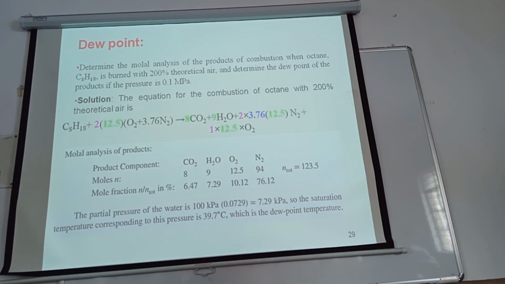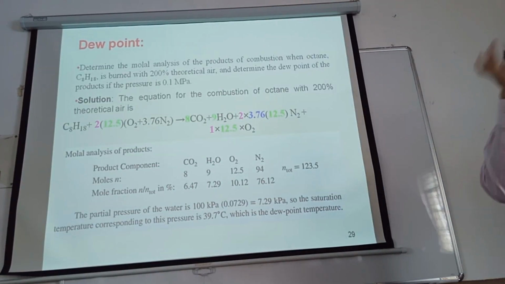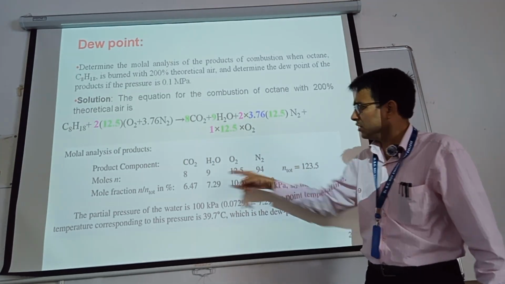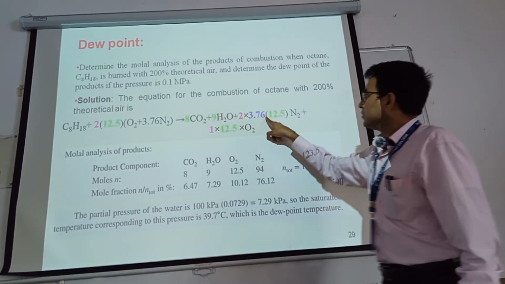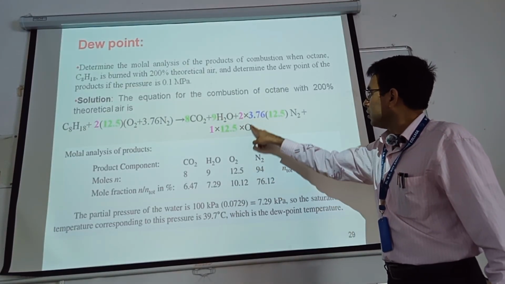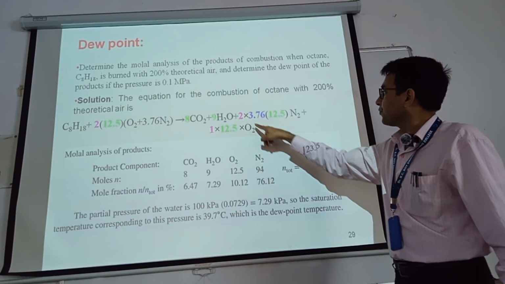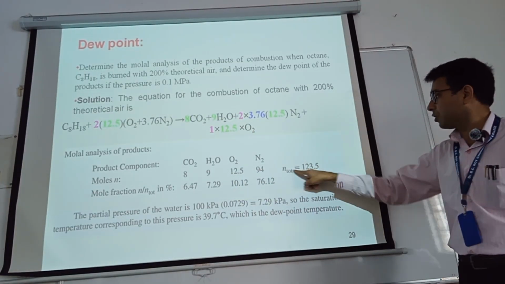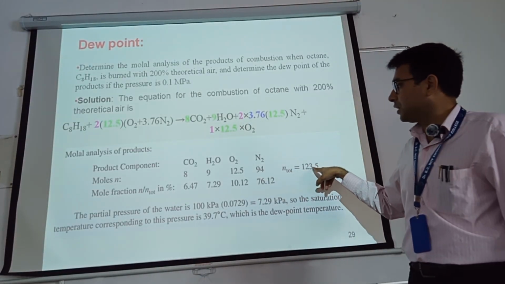CO2, H2O, O2, and N2, because excess air is there. 200% theoretical air means excess oxygen will be there, along with nitrogen. Then the number of moles: you can directly write 8, 9, then nitrogen multiplied, so it is 94, and oxygen is 12.5. The total number of moles you can calculate by adding these. Clear?